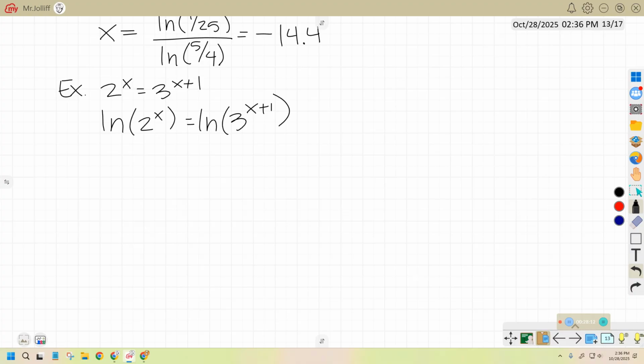Gabe, next step. Very good. Exponents come down in front. ln of 2 equals x plus 1 ln of 3. Jackie, next step.